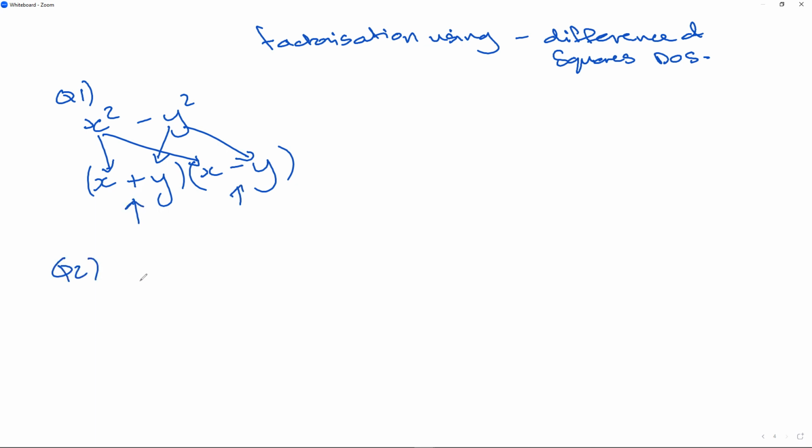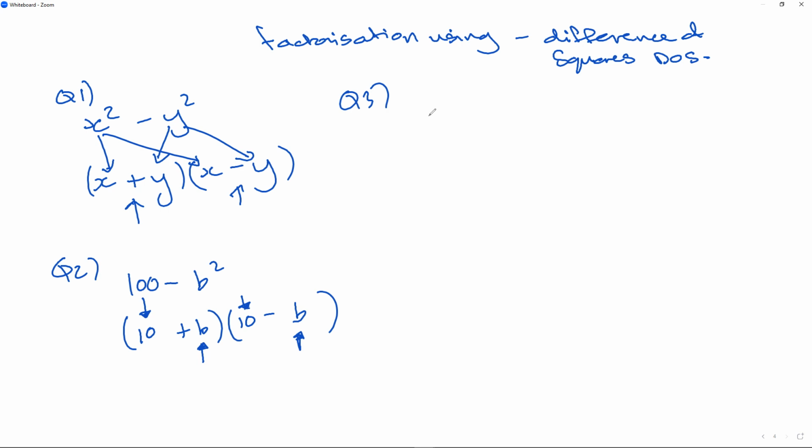Another example is, suppose I've got 100 minus b squared. Open up two brackets, put the square root of 100 at the front, and then put the square root of b squared at the end of each bracket, and then put plus minus.